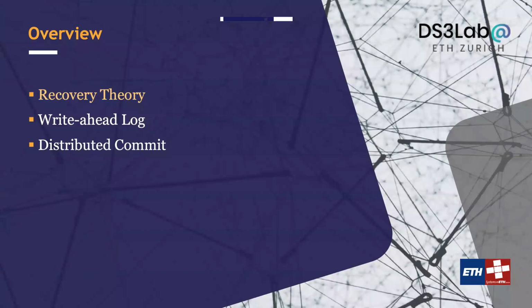In this lecture, we are going to look at the problem in three different aspects. We are first going to talk a little bit about recovery theory. Then we are going to introduce a very natural but, as you will see, non-trivial way of writing down the before and after images, and that is by using something called the write-ahead log.